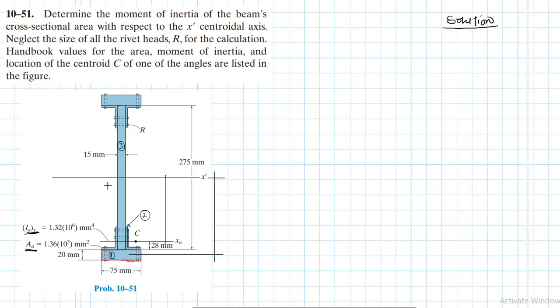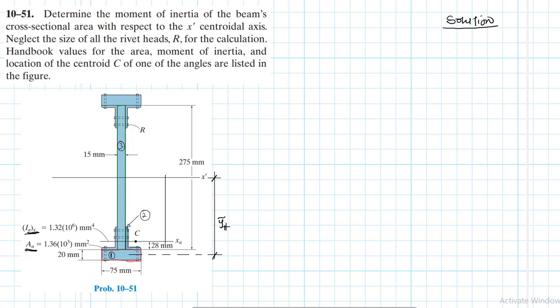For the web, the centroidal axis, I mean the y component, the y centroid in the y direction is 0. Okay. So this is about it. Let me just work on this a little bit. Great. So let's name this. This one is our y centroid 1.